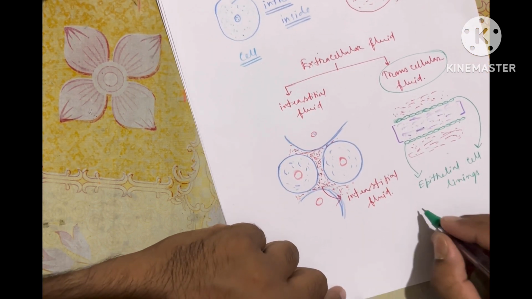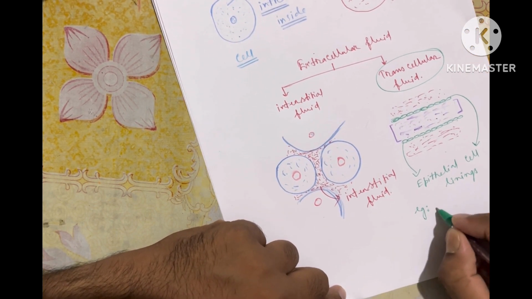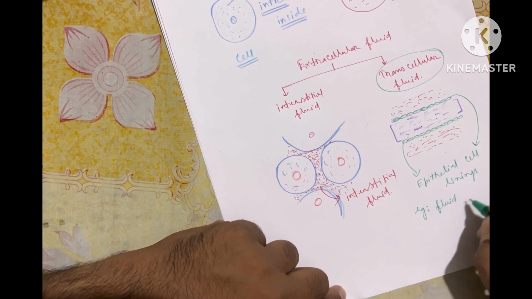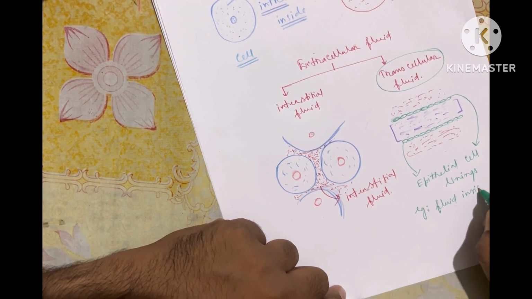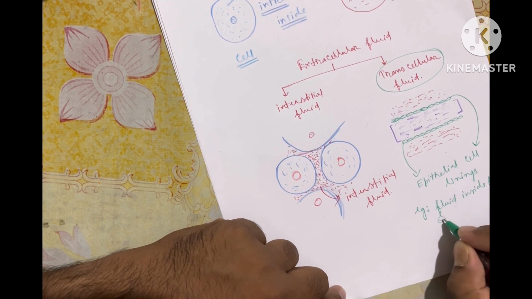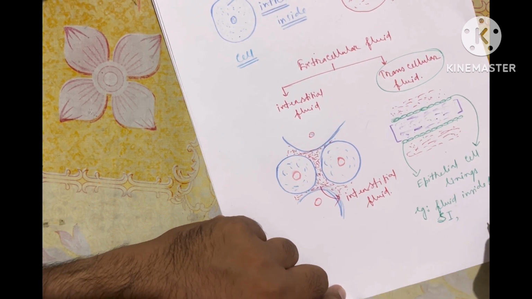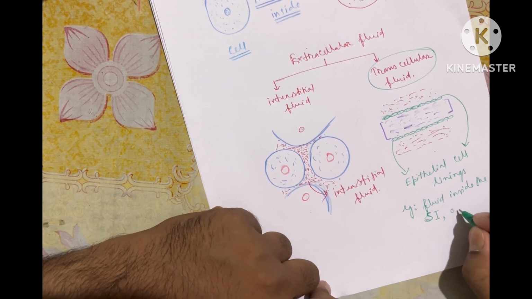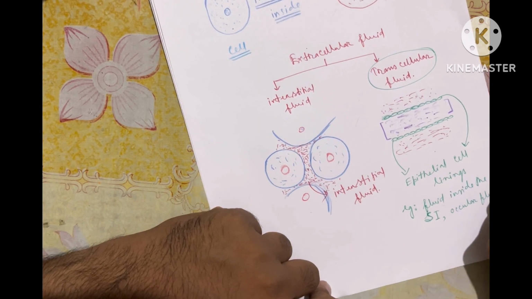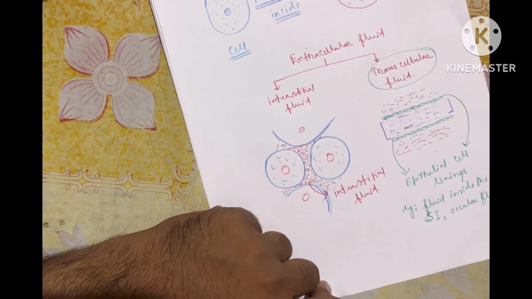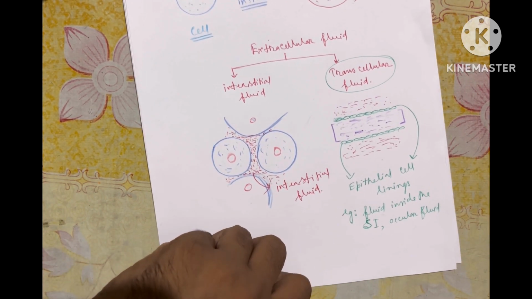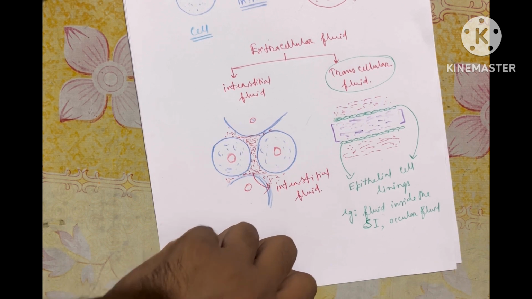Examples of transcellular fluid are the fluid inside the small intestine, and the ocular fluid, meaning in the eye. In our eye there are two different fluids.